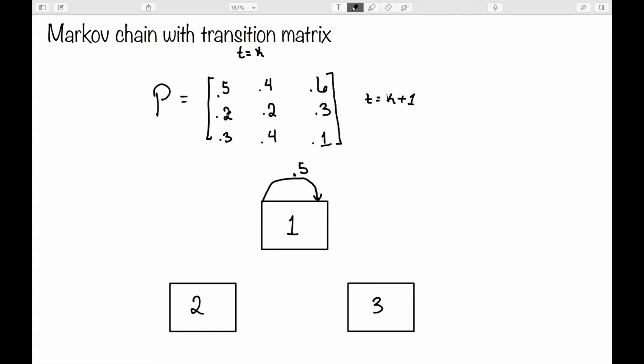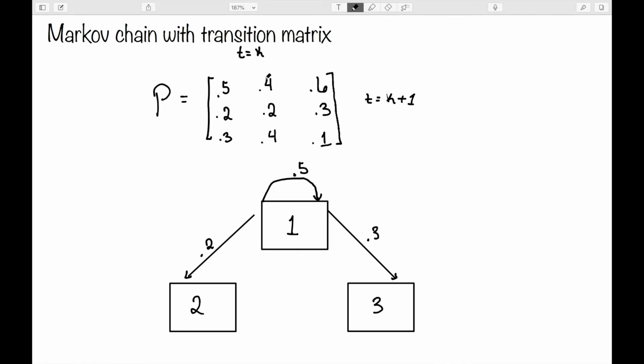The second entry in the first column is 0.2. That tells me the probability that it moves from Reserve 1 to Reserve 2. The third entry in the first column is 0.3. That's the chance it'll move from 1 to 3. So the column tells me where I'm moving from. The row tells me where I'm moving to.